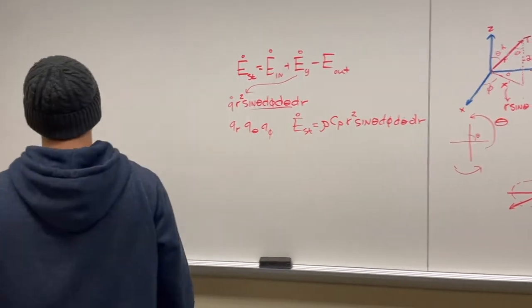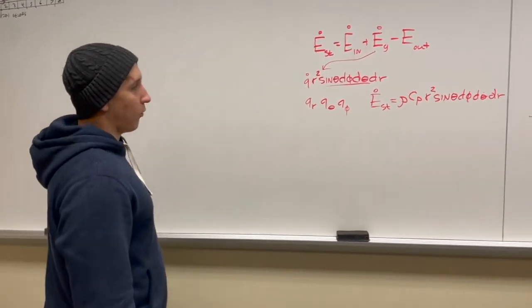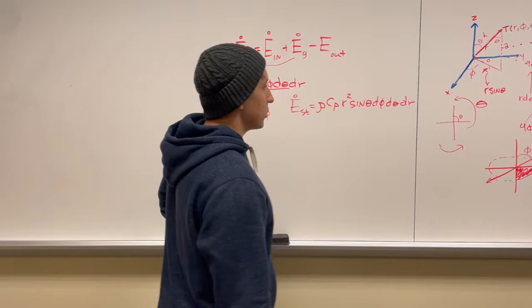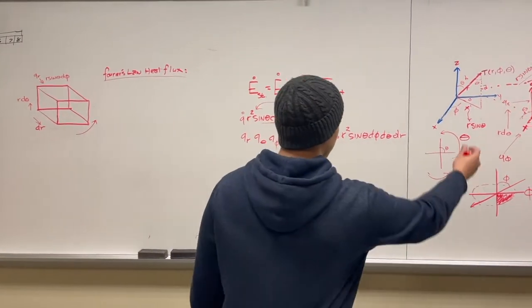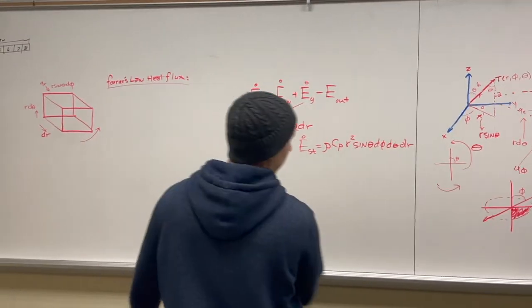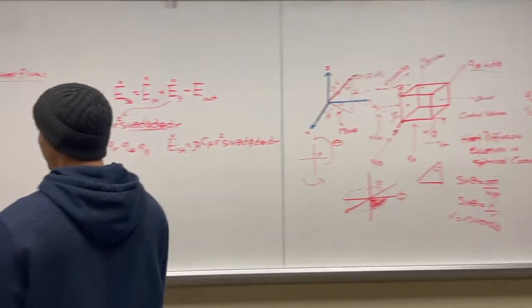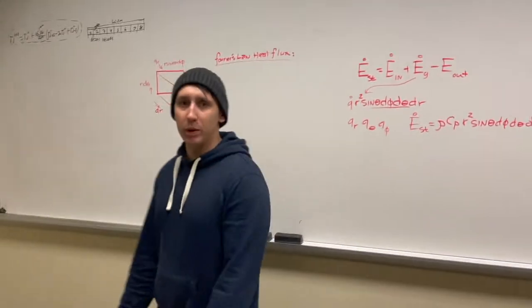So let's go into defining how Fourier's law would work with this differential control volume since we have spherical coordinates. I went ahead and drew this control volume over here so I don't have to keep walking over here and referencing it constantly, because I don't believe in memorization.